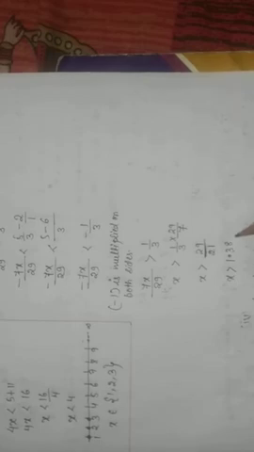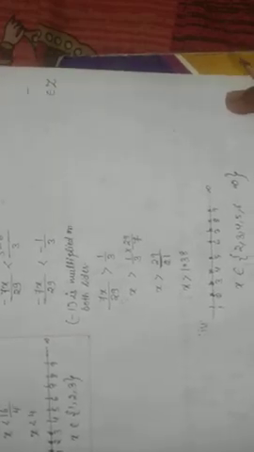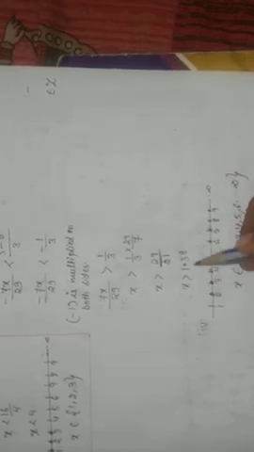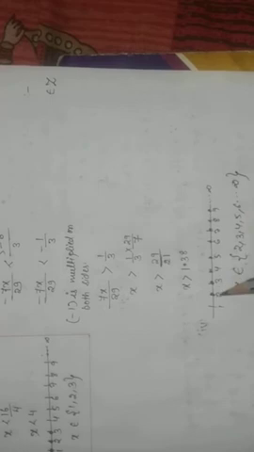So you'll get this equation, and x > 1.38. So the numbers are 2, 3, 4, 5, 6, 7, 8, 9 and up to 10, 11, infinity.